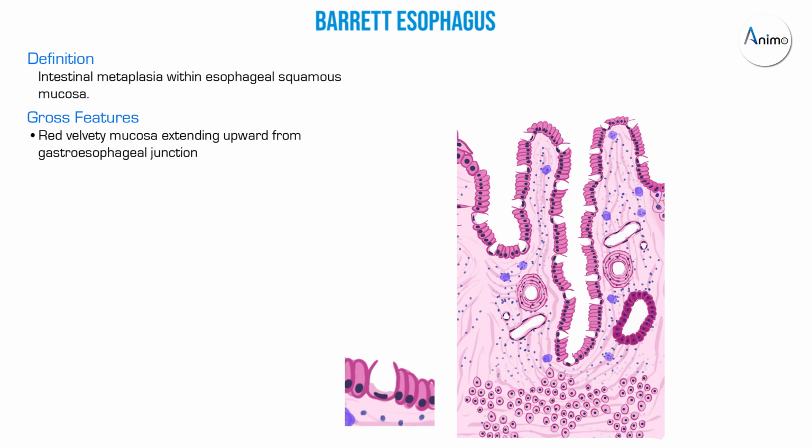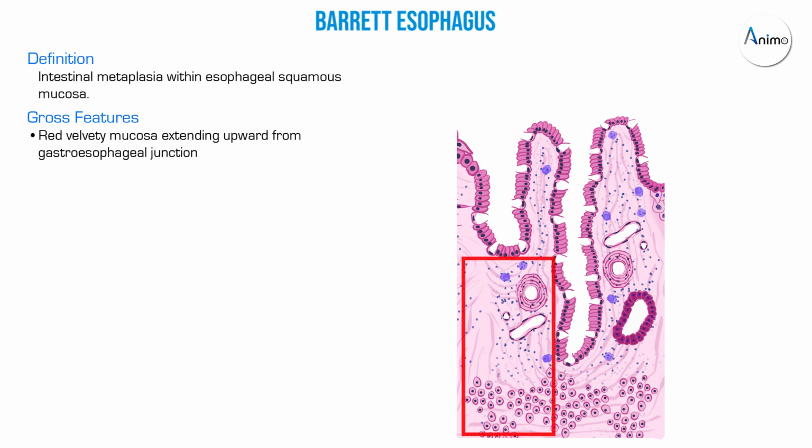This mucus can be released in response to the irritating substance and provide a protective layer on the surface of the esophagus. So this is the histology of Barrett esophagus. Also look below: there is no change in the mucosa and submucosa. This means that dysplasia may or may not be present.